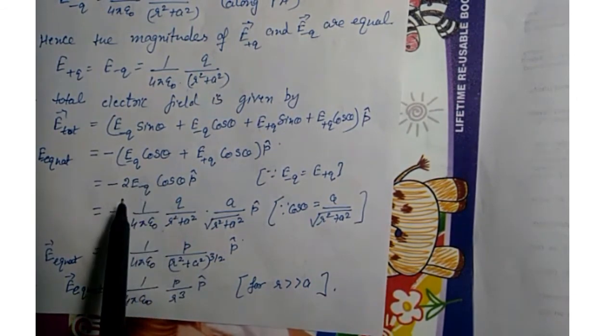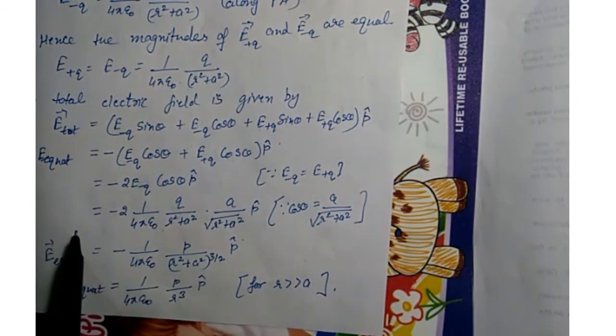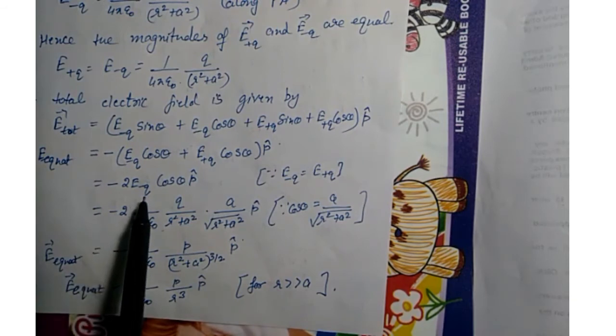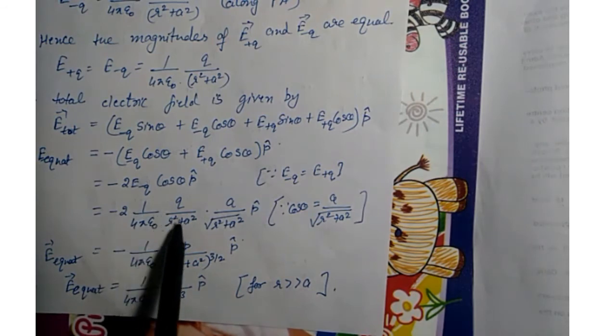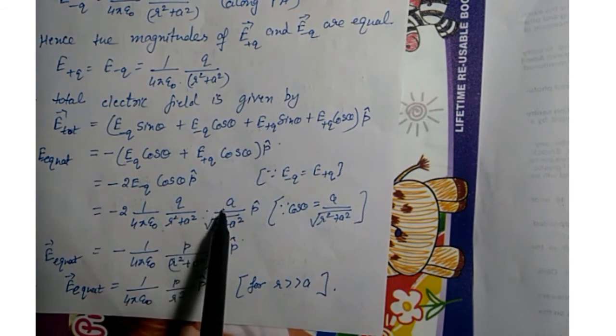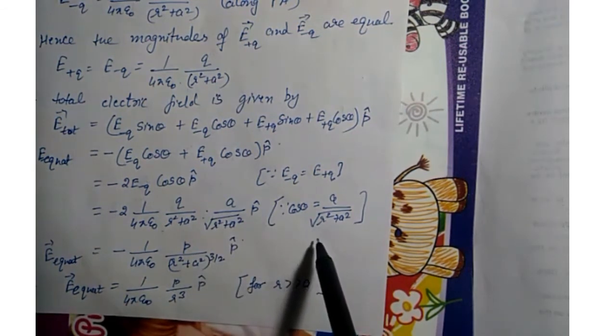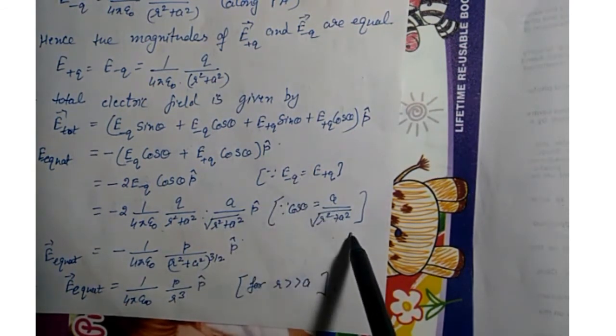Substituting the value of this electric field, we are getting the net electric field as minus 2 into 1 upon 4 pi epsilon naught Q divided by (R square plus A square) into A upon the square root of R square plus A square. This is the value of cos theta from the given figure.